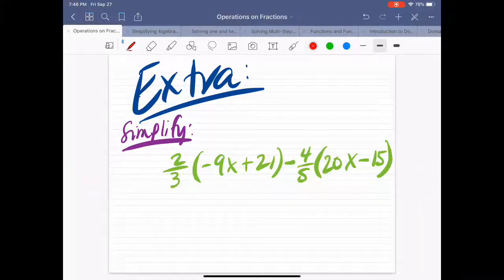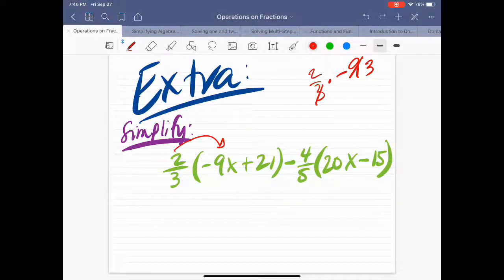So we are going to use the simplification technique to simplify the following algebraic expression. So 2 over 3 times negative 9x. So on the side, you will do 2 over 3 times negative 9. So let's simplify. 3 goes into 9 3 times.